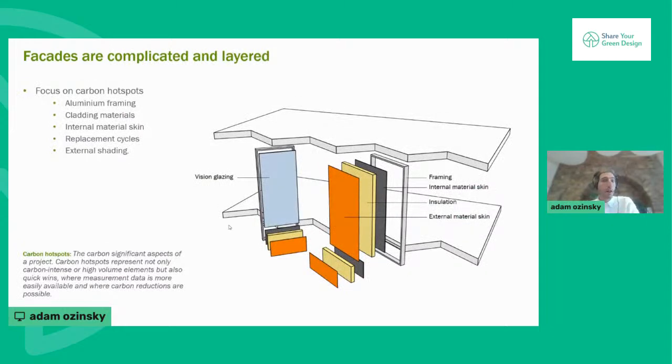And I think facades are complicated because they're layered. So much less so than perhaps any of the other hotspots. And so we've seen that really there are some obvious hotspots within the layer, but certainly there's some that a few years ago we weren't that aware of. So things like the internal material skin was not something we'd ever considered.